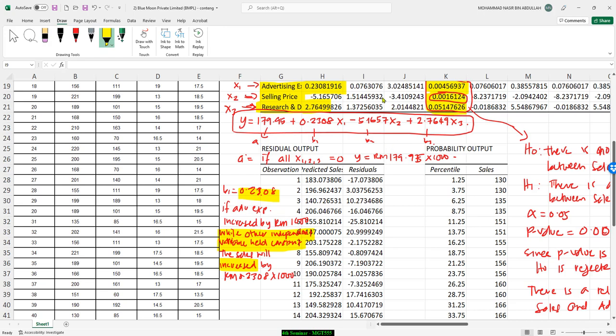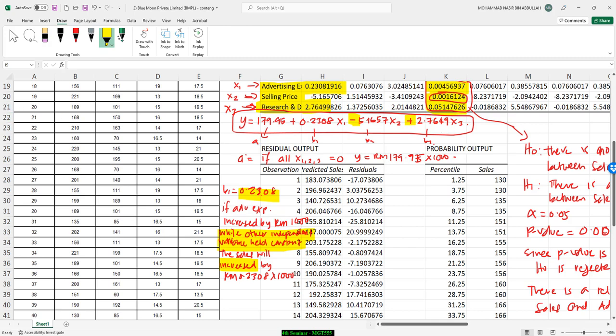So kalau lain-lain semua constant, constant means 0, so dia akan increase by 0.2308. Same goes for selling price. Selling price is negative, means they're going to decrease. For R&D, it's plus, so we're going to increase by this value lah. Alright, so I hope you understand.